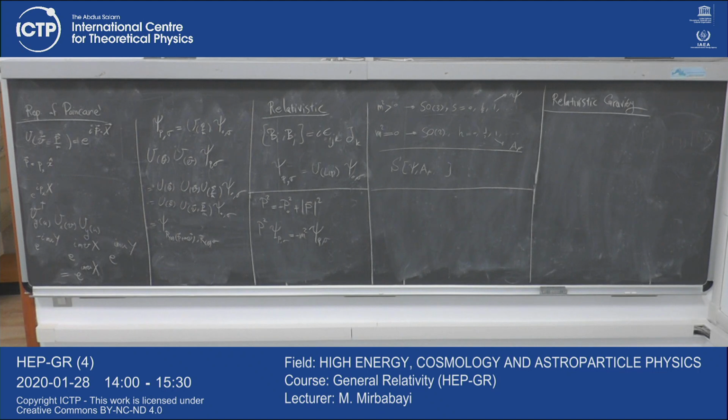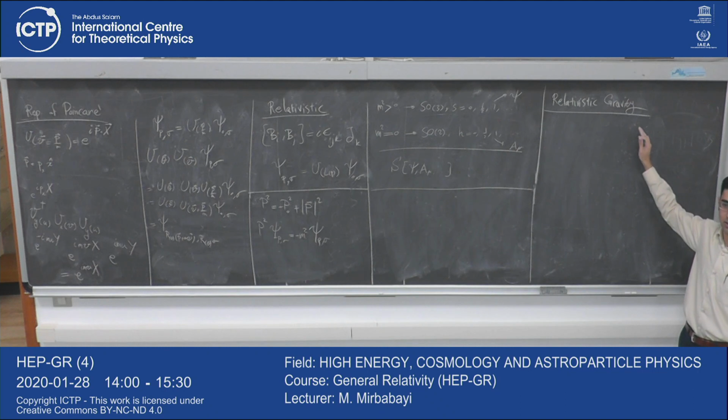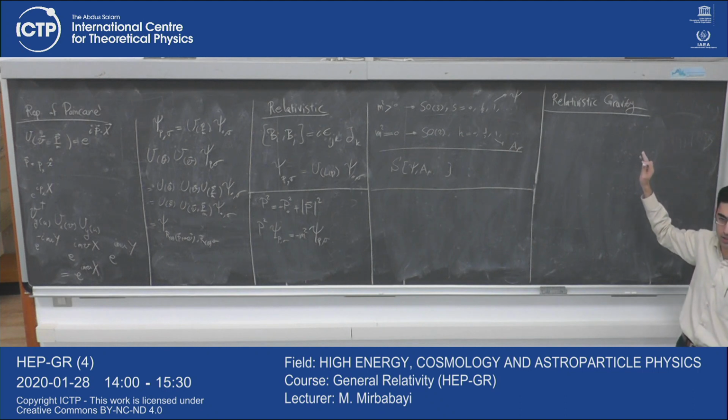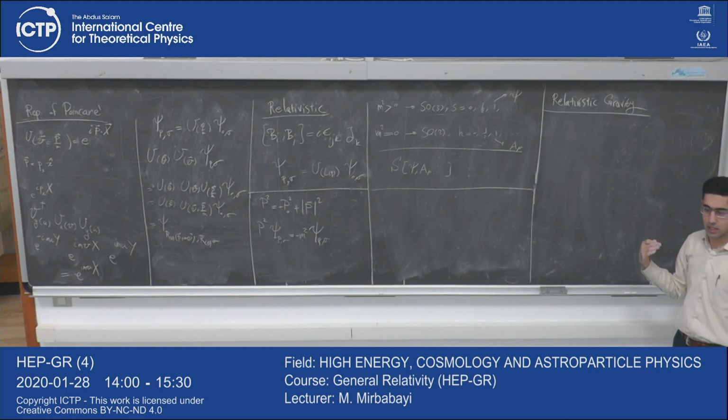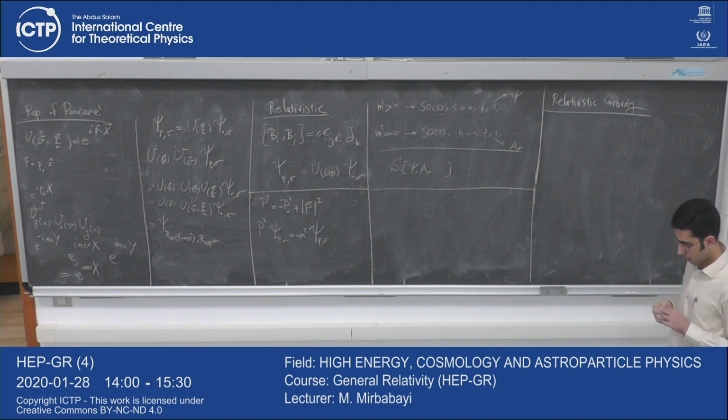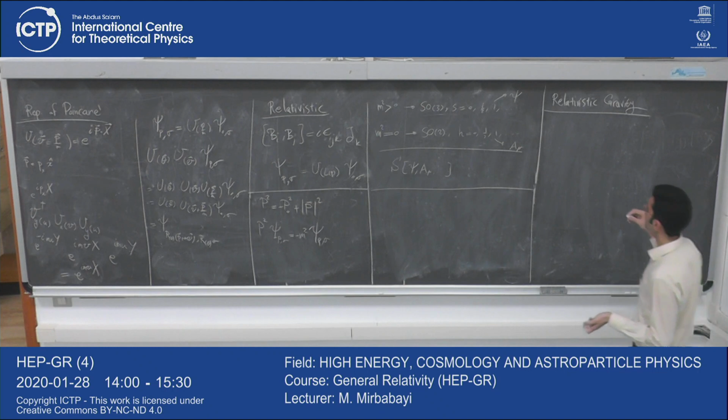So what is the goal or objective? Our objective is to construct a relativistic theory for gravity, which is compatible with the Newtonian gravity, because we know that Newtonian gravity is very successful to describe a lot of phenomena. So in a non-relativistic limit, we want to recover Newtonian gravity.